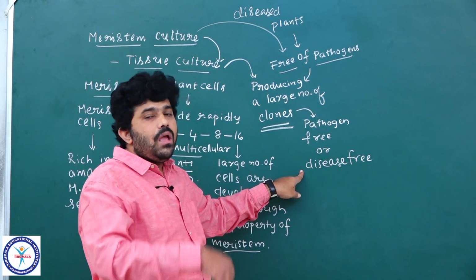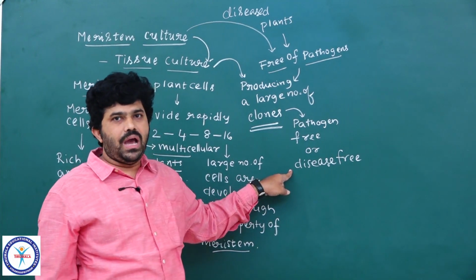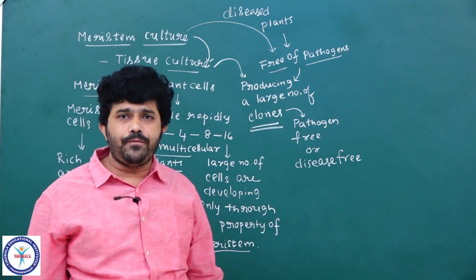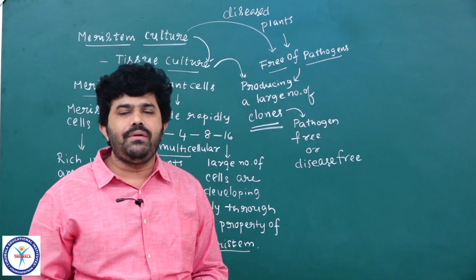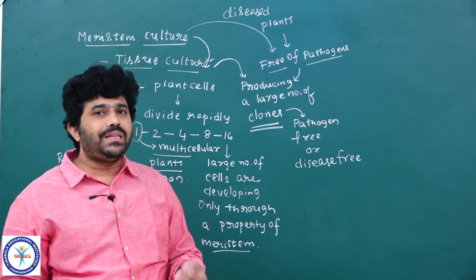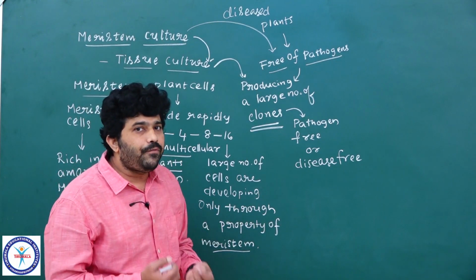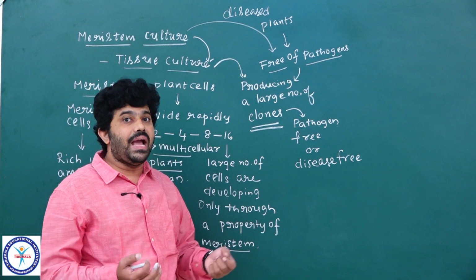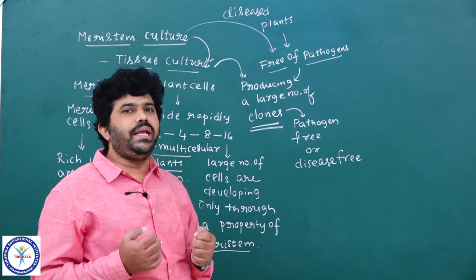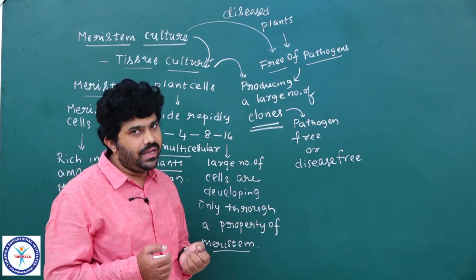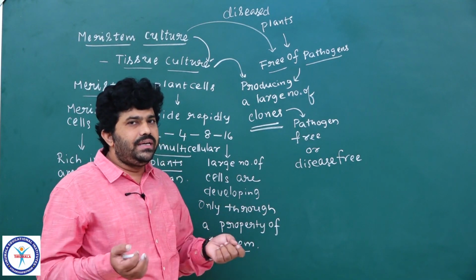Suppose in our crop field or farm field we have a good variety of plant, but that plant is suffering from disease or is completely infected. It has the ability to give more and more yield and very good quality nutritive food, but it is infected and diseased.